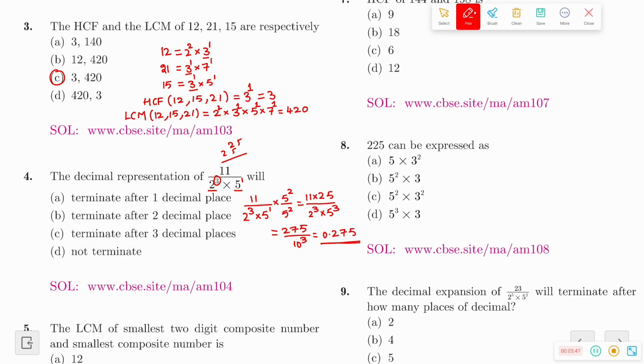Because the denominator is 10 power 3, the p by q form will terminate after 3 digits. Whenever it comes to objective questions, you can see directly the denominator and the highest exponent of 2 or 5. Here the highest exponent is 3, so after 3 decimals it terminates. So the answer is C. Question number 5.